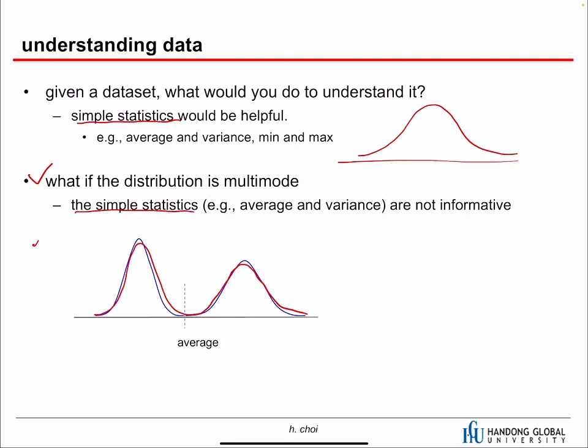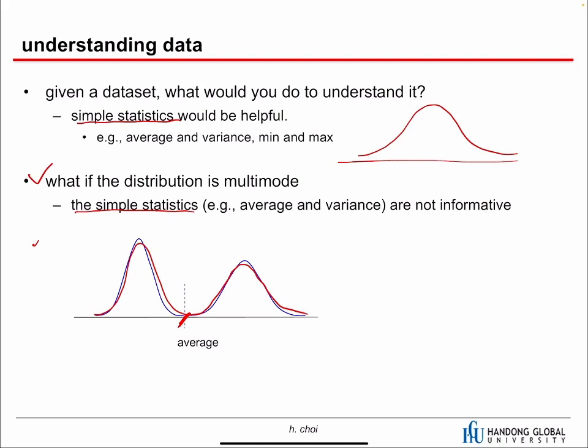Look at this figure here. When we have two modes like this, if we calculate the average, it is around here. Then the average doesn't say much about these distributions, right? And the variance doesn't say much about this distribution either.